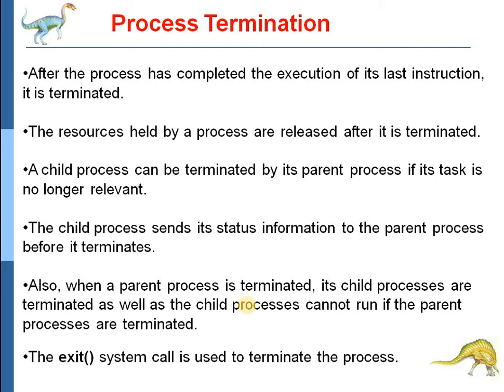At this point, the process may return a status value to its parent process via the wait system call. This return status value is generally an integer. All the logical and physical resources, including open files, I/O buffers, and memory allocated to the process, are deallocated by the operating system.